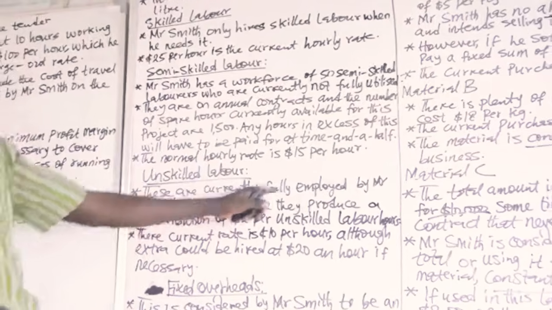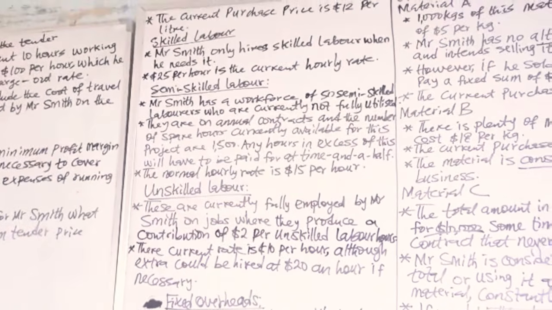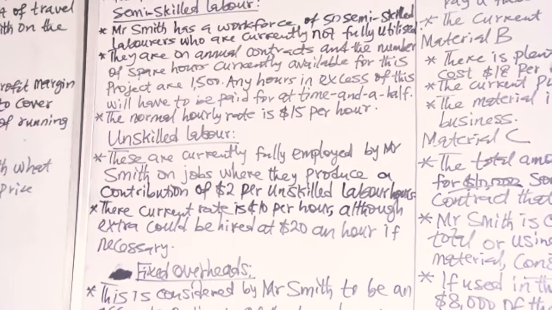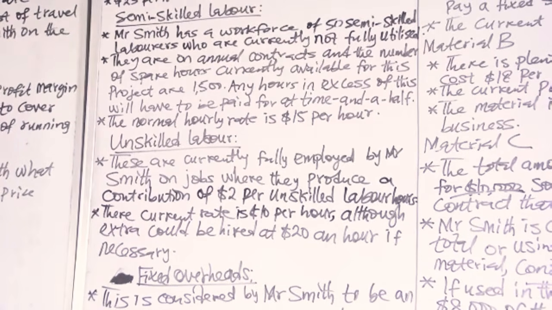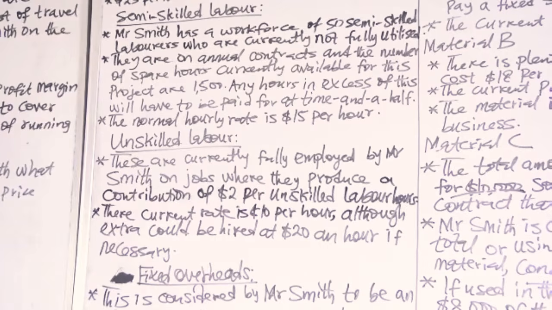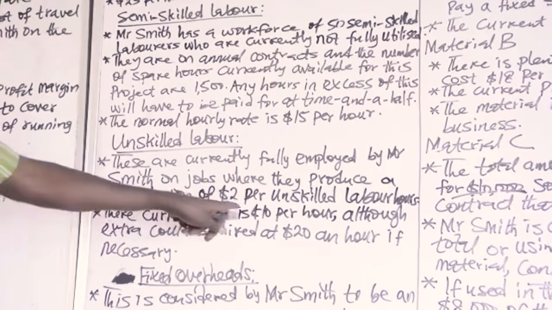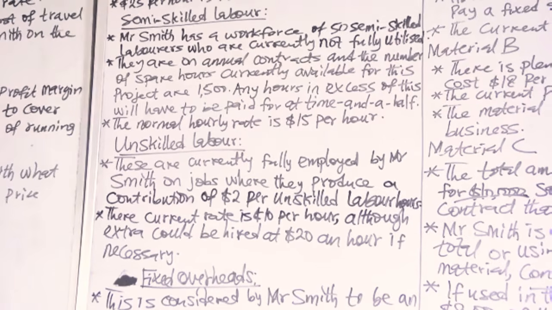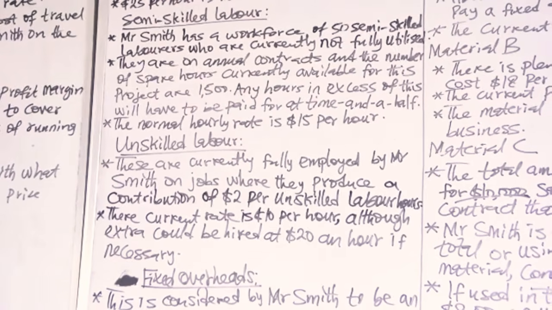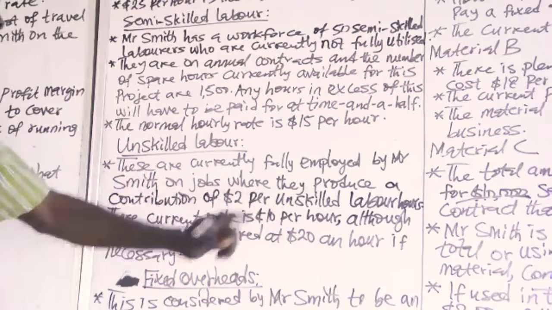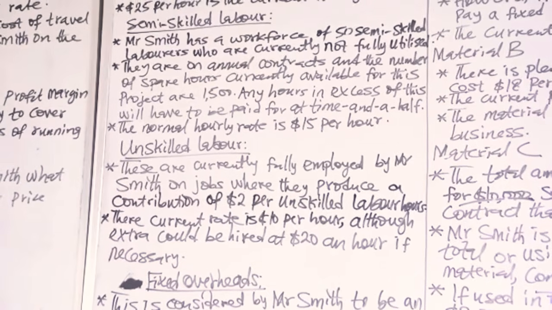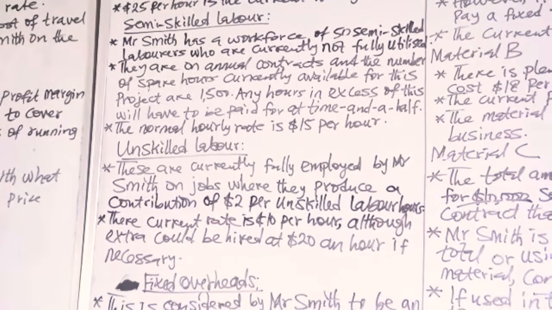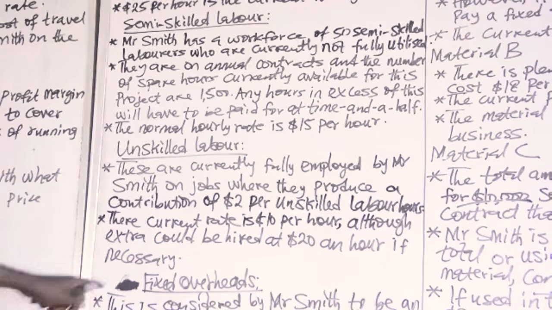These are currently fully employed by Mr. Smith. Since they are also fully employed, that means they will receive salary. But let's go further. They produce a contribution of $2 per unskilled labor hour. Their current rate is $10 per hour, although extra could be hired at $20 an hour if necessary.